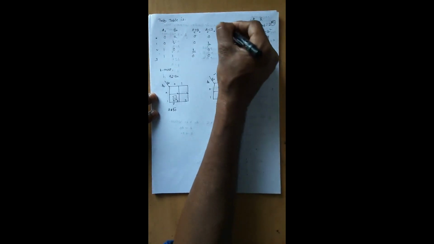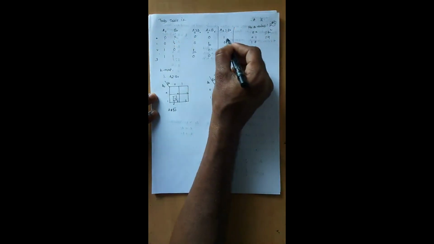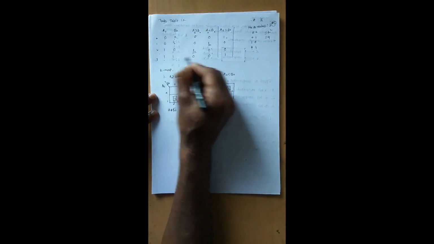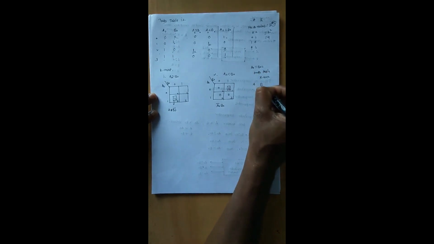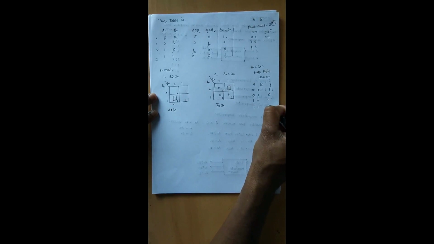For the last, if you observe carefully, in the output column for A0 and B0, when the input is 0 0 the output is 1, and when the input is 1 1 the output is 1. So this A0 is equal to B0 is the truth table of the exclusive NOR gate. For example, I will write here the truth table of the XNOR gate: 0 0 gives 1, 0 1 gives 0, 1 0 gives 0, and 1 1 gives 1.